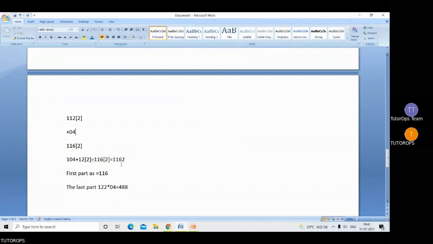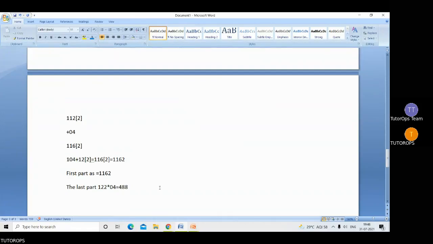Now the first part will be 1162. At the last step, we are taking the first part as 1162, because at the last step, I am taking the last digit which we have mentioned as off again. Now, the actual first part will be 1162 plus 4. Why? Because the last part is 488, then two digits will be there, and the first digit, 4, will be treated as a carry.